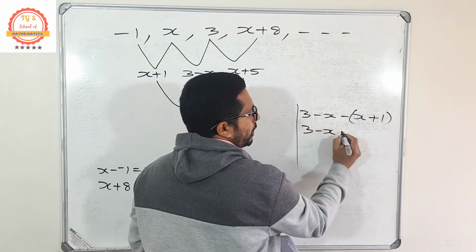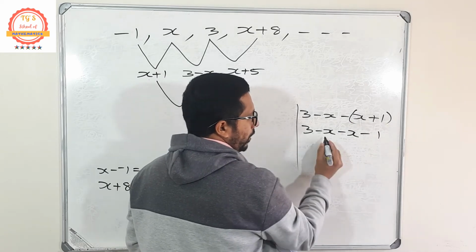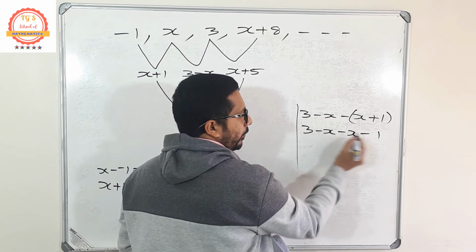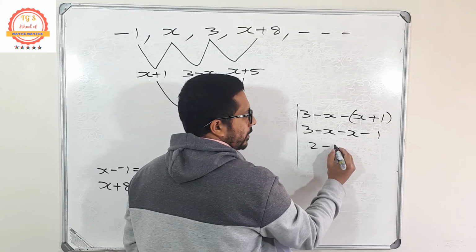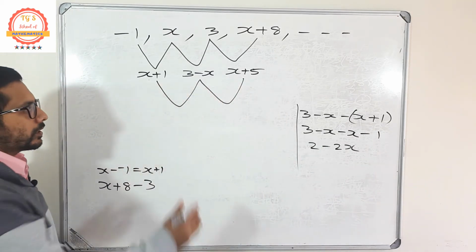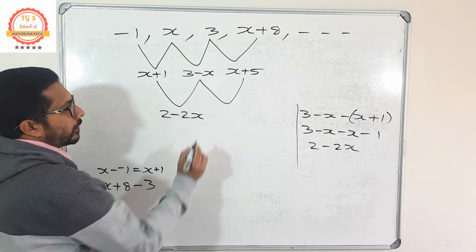So 3 minus x minus x, minus into 1 is minus 1. So what is minus x minus x? Minus 2x. 3 minus 1 is 2, minus x is minus 2x. So the answer is 2 minus 2x.